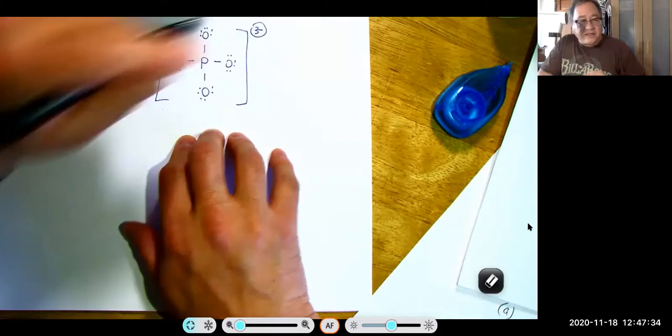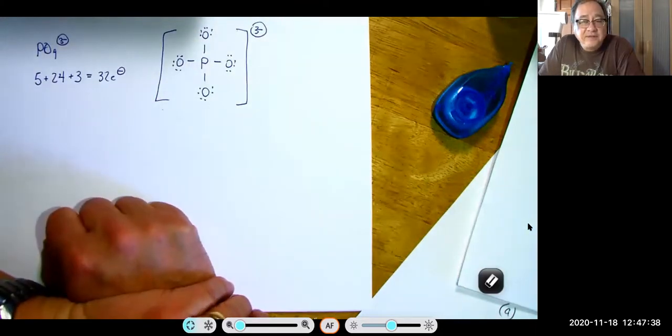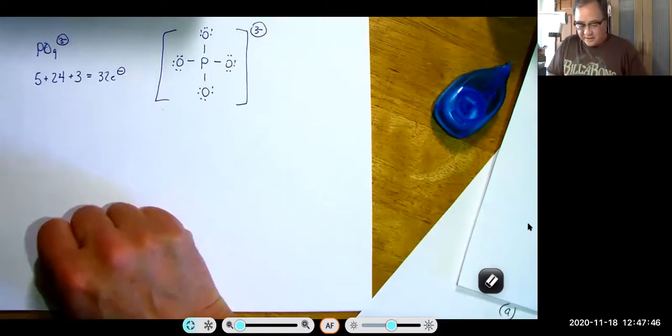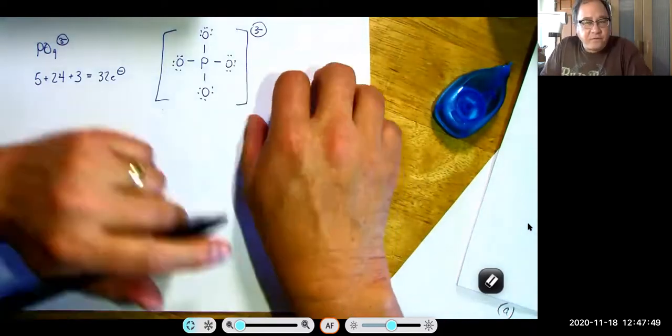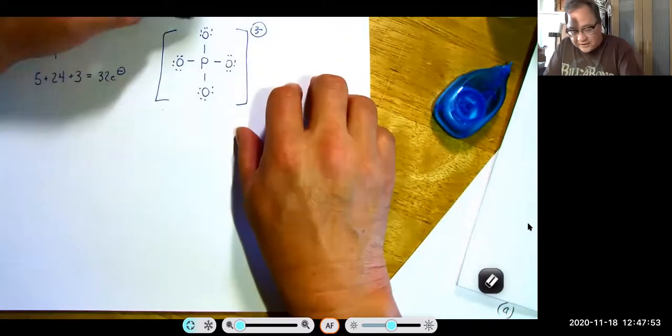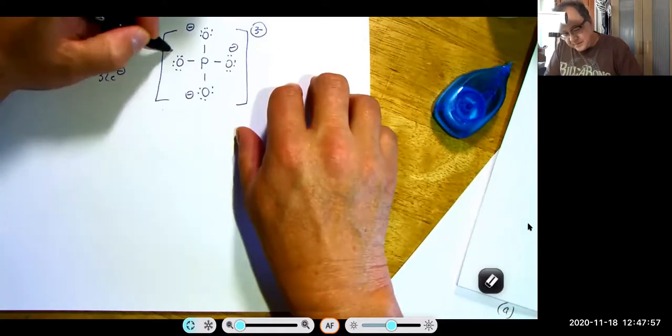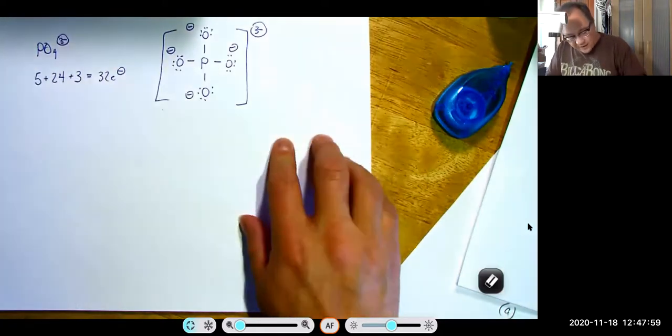So from an octet point of view, how does this look? Looks really good, doesn't it? Everything's got an octet, and we've used 32 electrons. Let's evaluate it from a formal charge point of view. The formal charge on each of these oxygens is -1. And I'll show you the formula way of getting that.